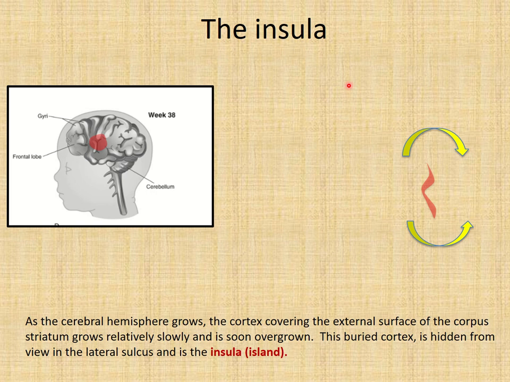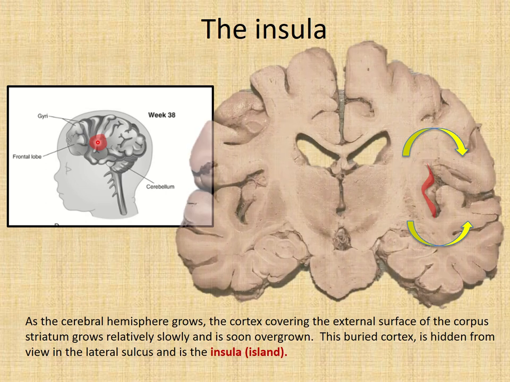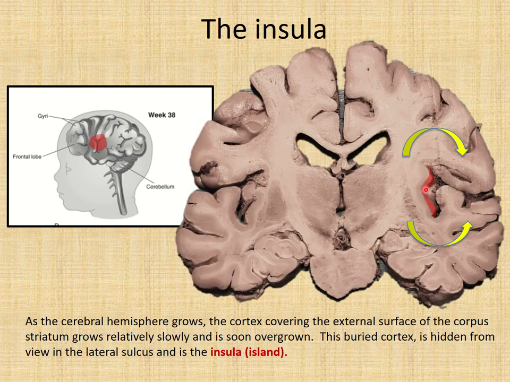All right, and because of the growth of the telencephalon, it grows so fast, and the corpus striatum, which is in this region, it's deep, is actually not growing very fast. So here you can see the cortex is overlying the corpus striatum, and this is the area that's not growing in size as much. The telencephalon actually overlaps this area, and so we call this cortical region the insula.